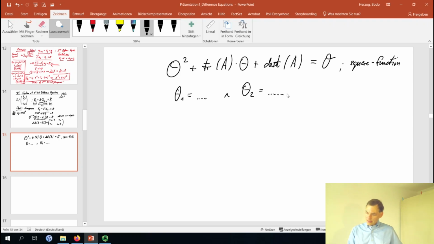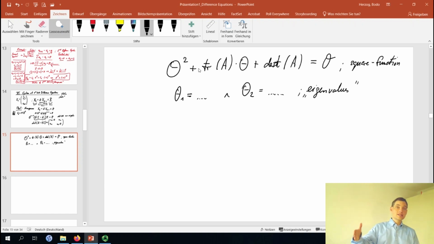These two thetas, which we can calculate from this, because the trace is a number and this is a number, are called the eigenvalues. So there are two eigenvalues because it's a square function, a theta 1 and theta 2, for which this matrix determinant equals 0.